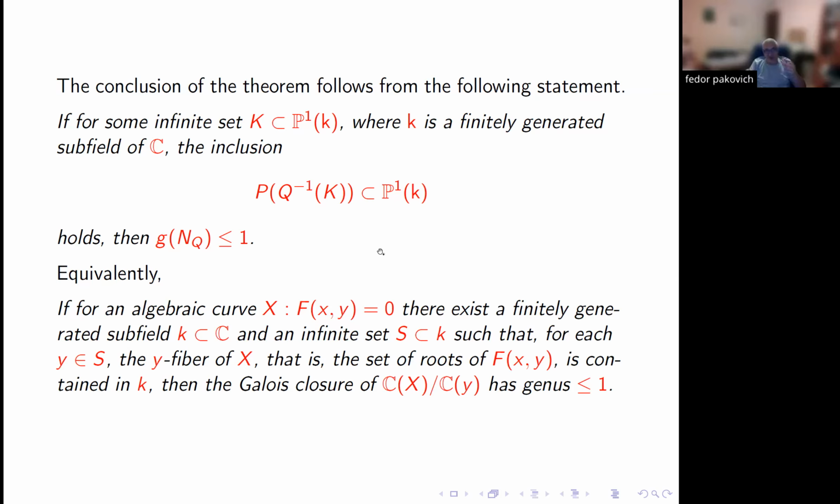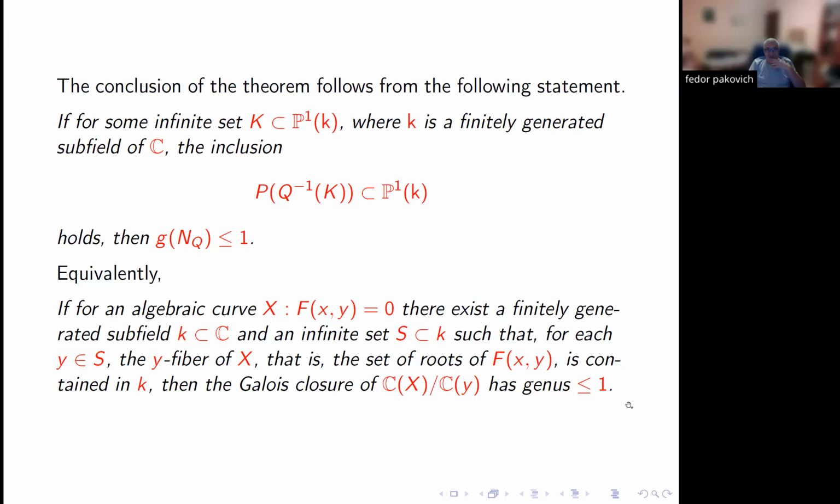In a little bit more classical terms, this means that if you have an algebraic curve, and you know that there exists a finitely generated subfield and an infinite subset in this subfield, such that for every y from S, all the y fiber of X belongs to the field, then the Galois closure of this extension has genus at most 1.